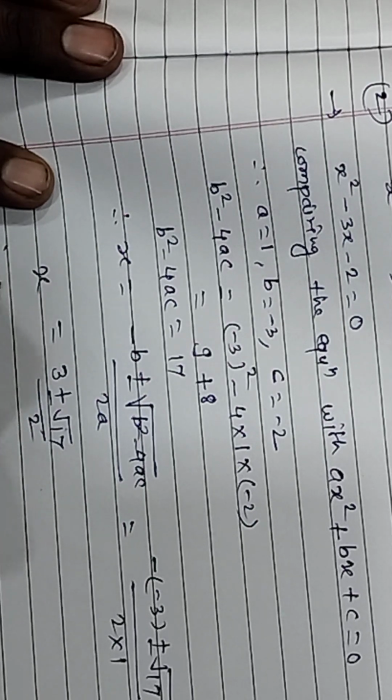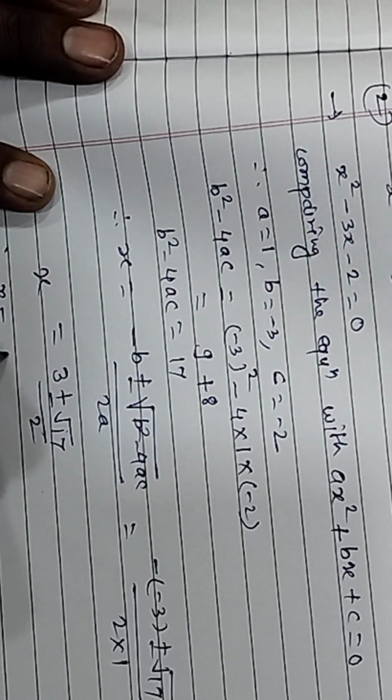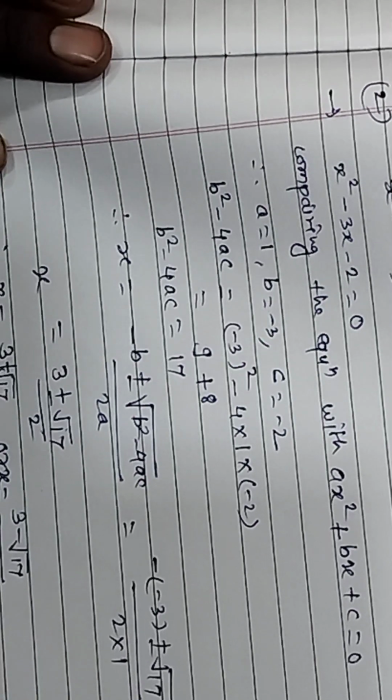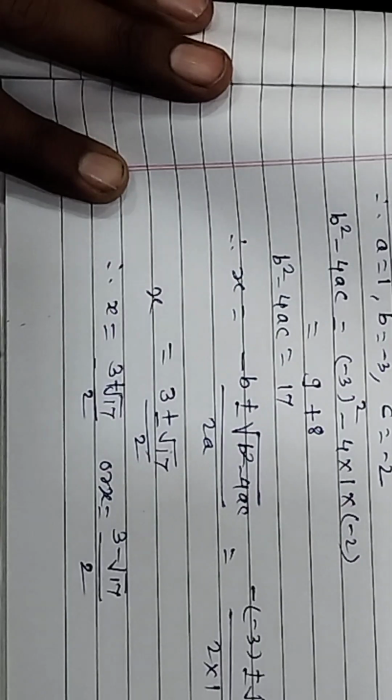Then we get values of x as 3 plus square root 17 upon 2, or 3 minus square root 17 upon 2. We get two values.